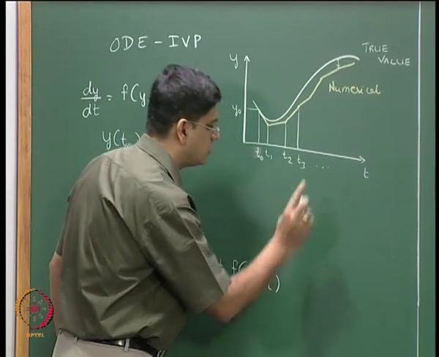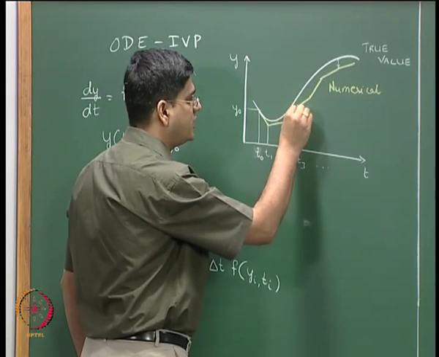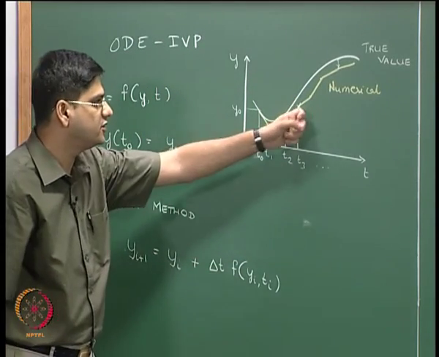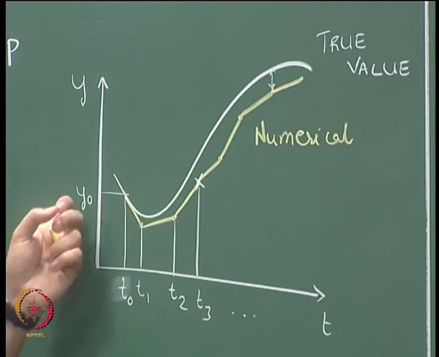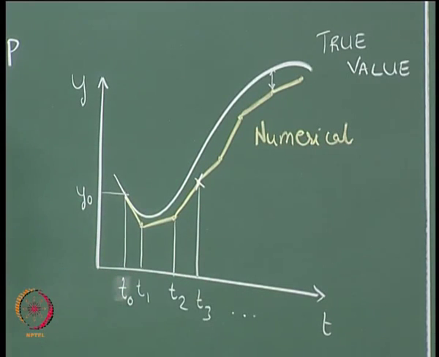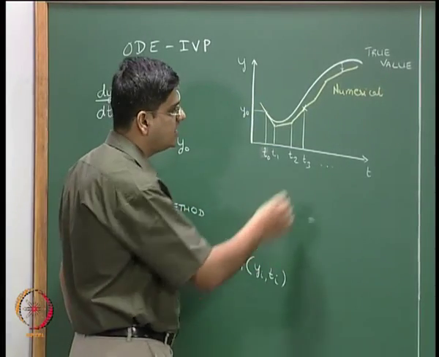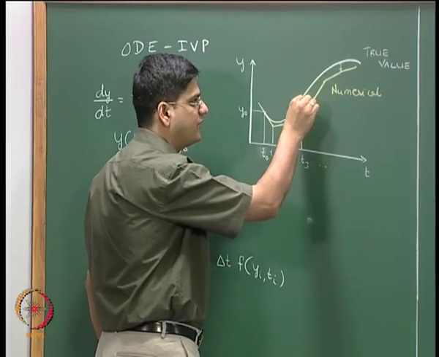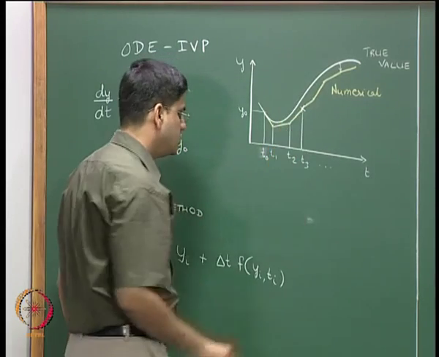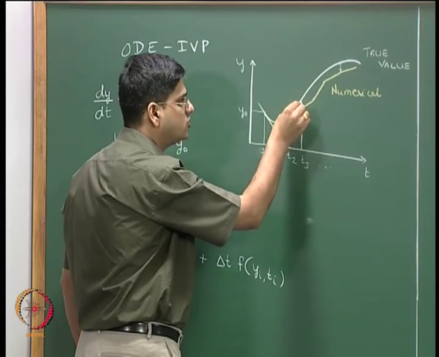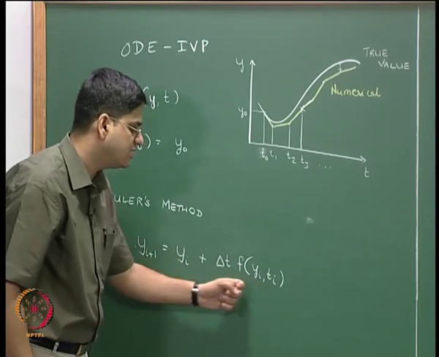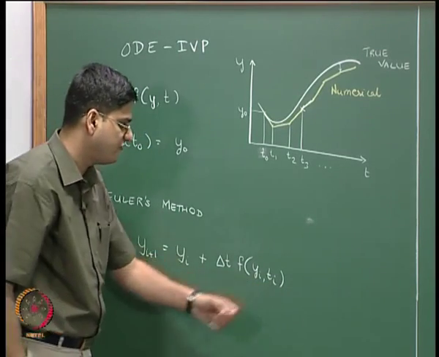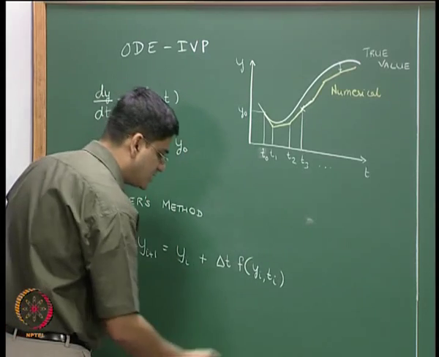If we look at any point yi, ti at this particular location, we find out the slope of the curve, that is function f at y3, t3. That multiplied by the difference delta t will give you essentially the next point where we are going to reach. So Euler's method finds out the slope to that particular curve and then moves along that slope, and that slope is nothing but the same function f of yi, ti. That is Euler's method.